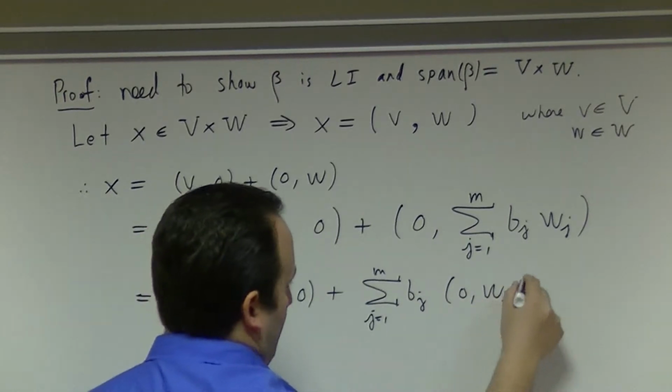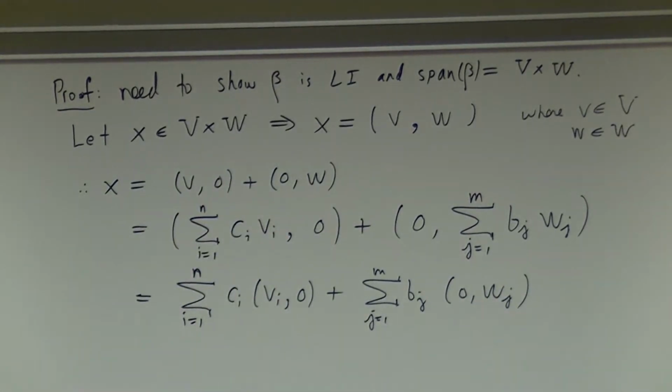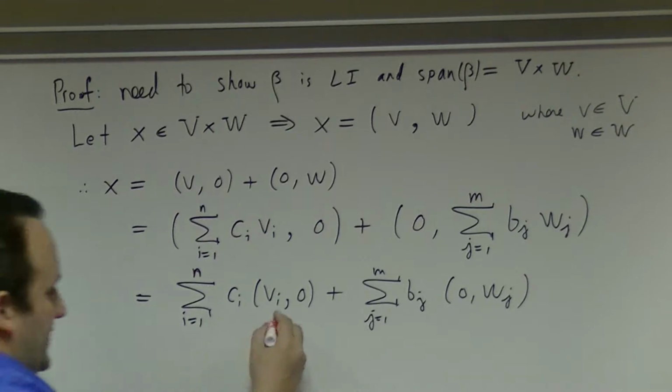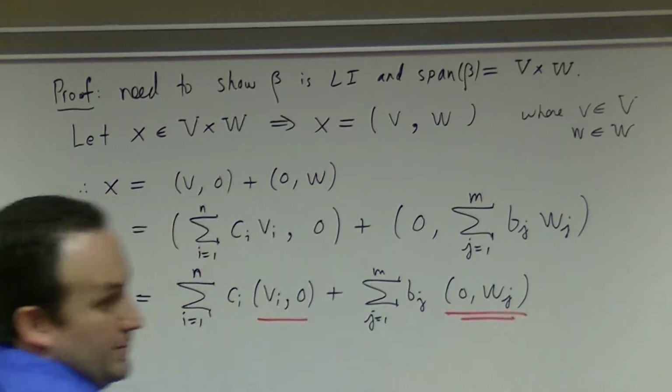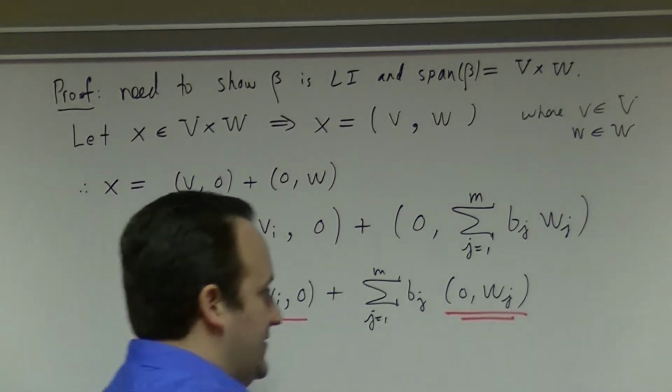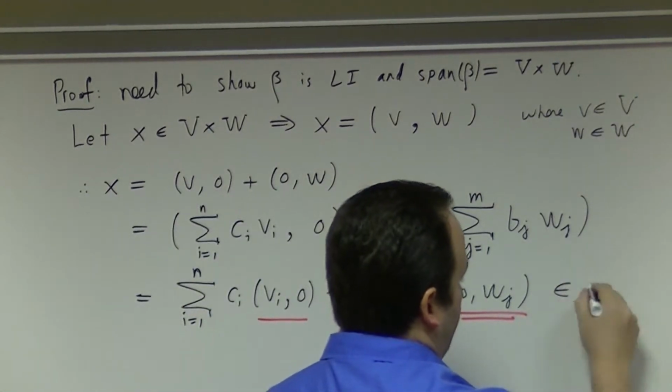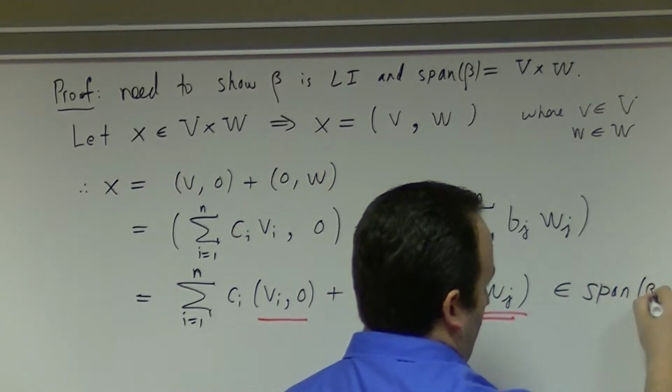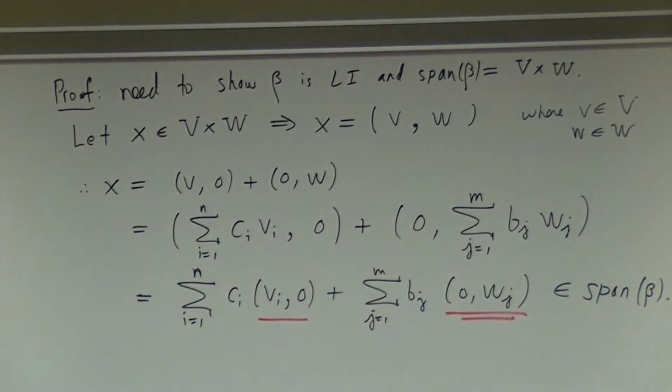But what are these things that I'm about to underline in red? See this? Those are precisely the elements of the basis beta. So this shows that an arbitrary x in the cross product is in fact in the span of beta. So therefore, beta is a spanning set.